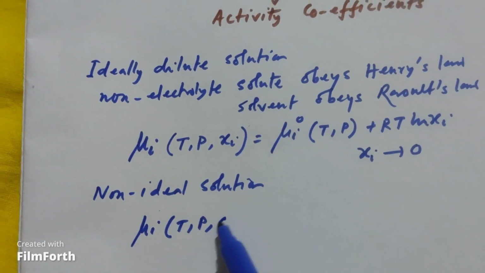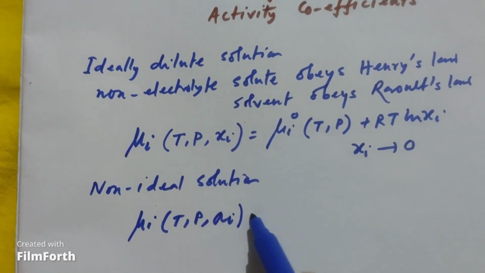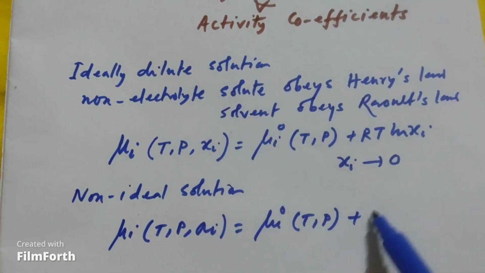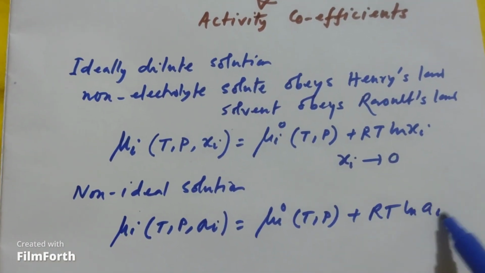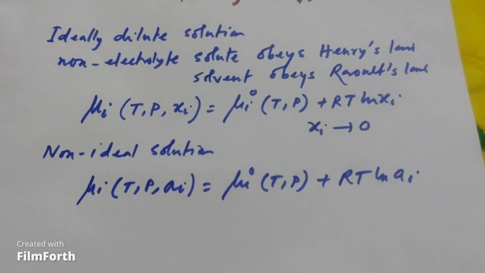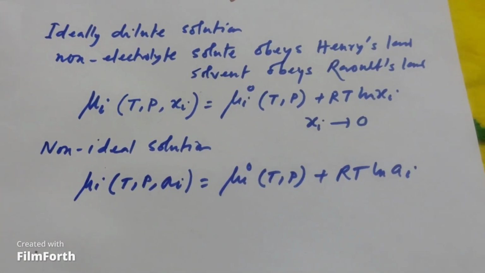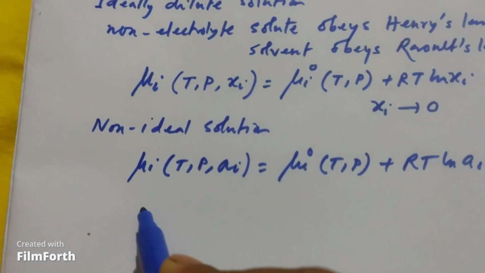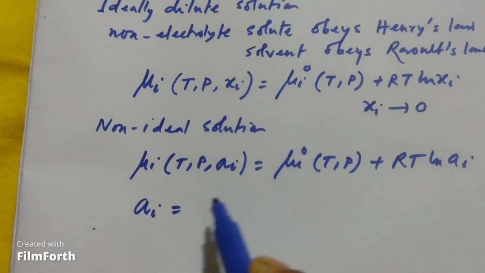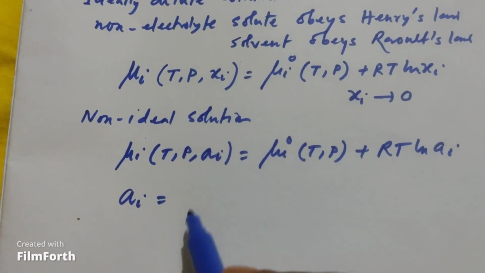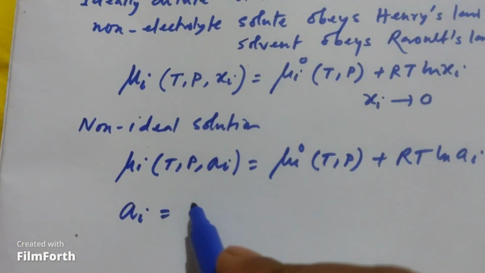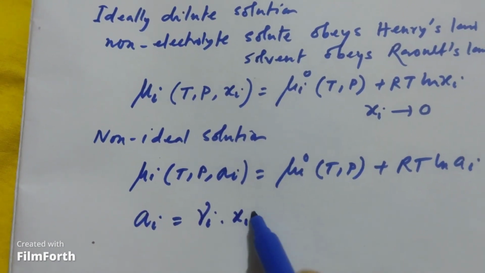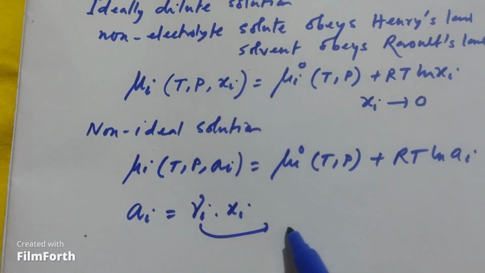So we can write mu i T, p is equal to mu i 0 T, p plus RT ln ai, where ai is the activity of the i-th species. And we know that this activity ai is related to the mole fraction through the activity coefficient. We can write it as gamma i into xi, where gamma i is the activity coefficient.